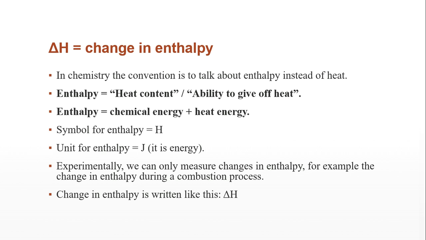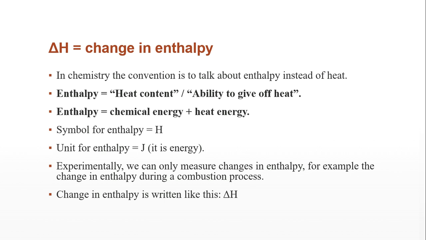And you can think of it as the sum of the available chemical energy that's stored within the bonds and the current heat energy, which is related to temperature. The symbol for enthalpy is the large H, and the unit is joules, because this is just energy. It's just different types of energy that we're talking about.